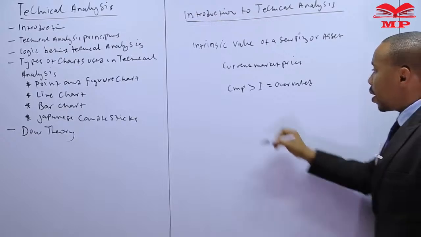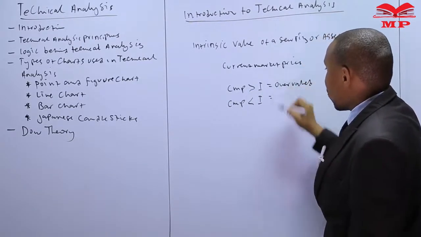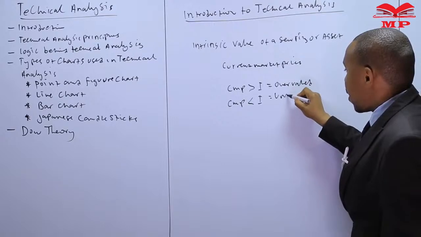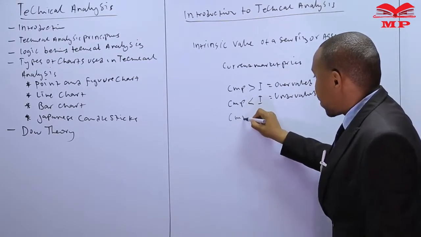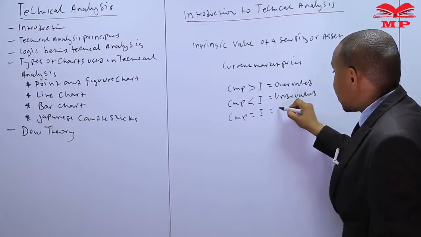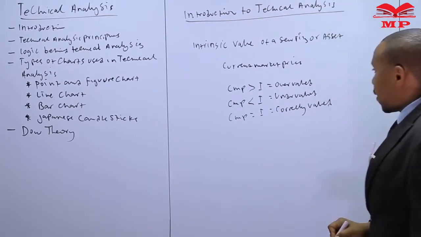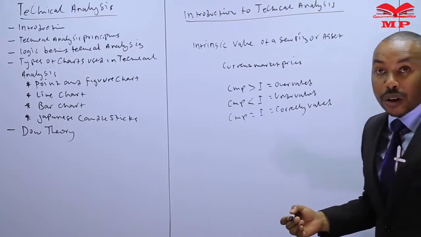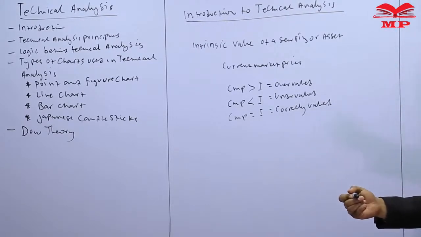If the current market price is less than the intrinsic value, it is the opposite of that. We are saying it is undervalued. If the current market price is equal to the intrinsic value, it is correctly valued. That is what we have been doing by looking at those models that govern fundamental analysis.